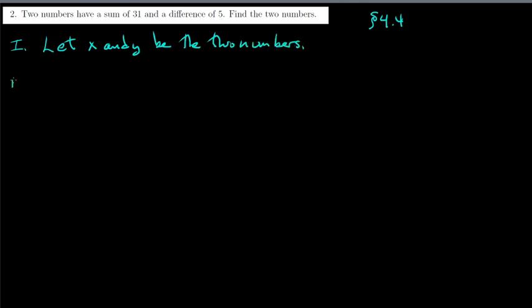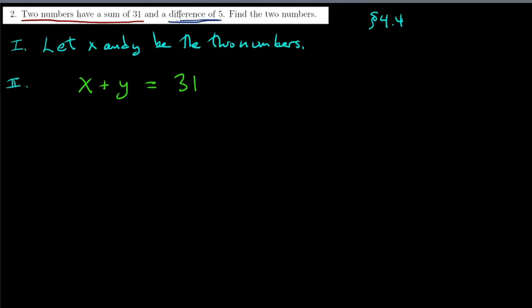Okay. Right. The next step is, well, let's write down what the sentence means, right? The two numbers, x and y, have a sum of 31. What does that mean? Sum means adding, right? So when you add x plus y, you should get the number 31. Right? What else do we know about these two numbers?